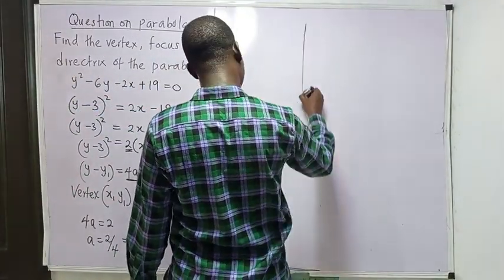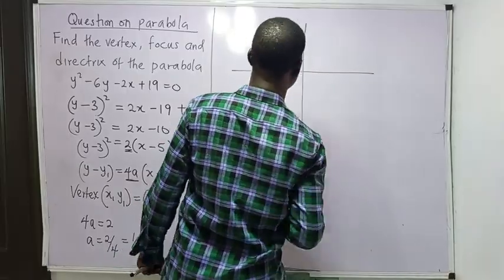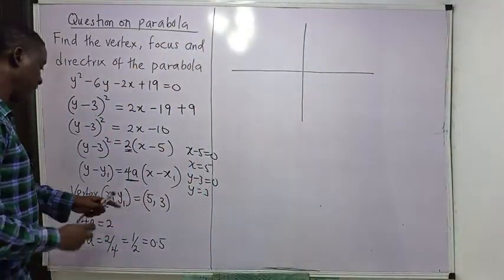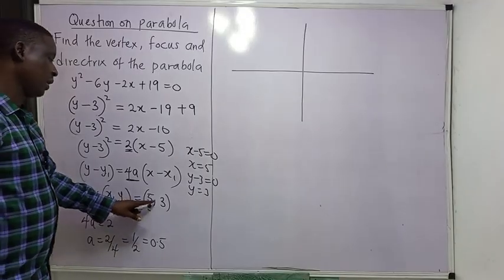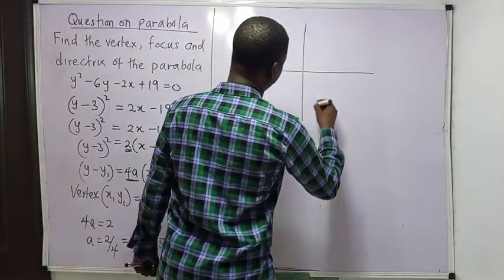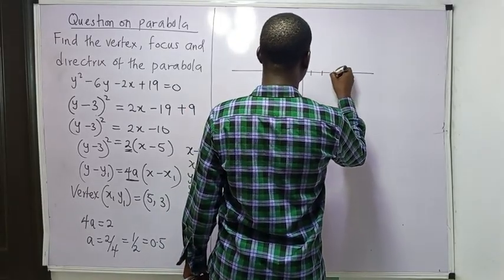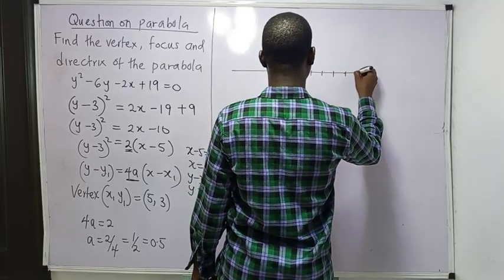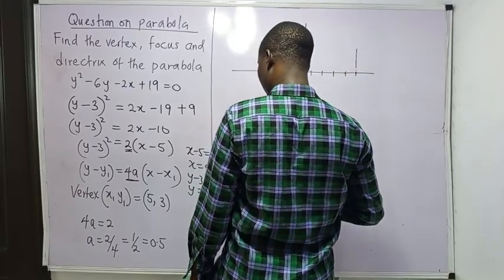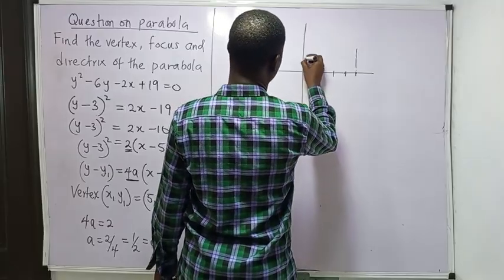First of all, let's draw our vertex. Let me represent it in graphical format. That means x is 5 and y is 3: 1, 2, 3, 4, 5, then y is 3: 1, 2, 3.